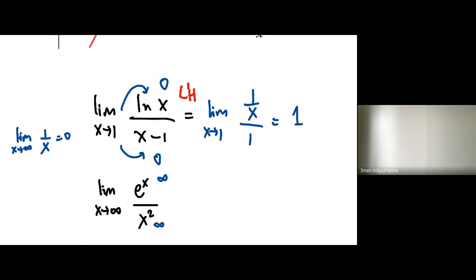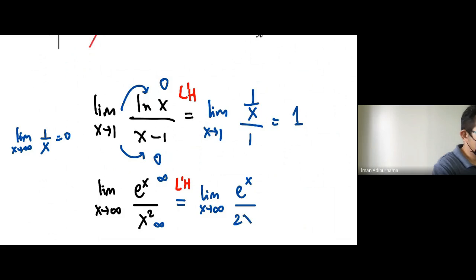So for 0/0 we can use L'Hopital, and for infinite we can also use L'Hopital, because we remember that in the limit, when x approaches infinity, 1/x results in 0. So infinite has a similar property to 0/0. So we can take this into the L'Hopital process. The first derivative of the top is just e to the x, the same form. The bottom one is 2x. Still infinite over infinite.